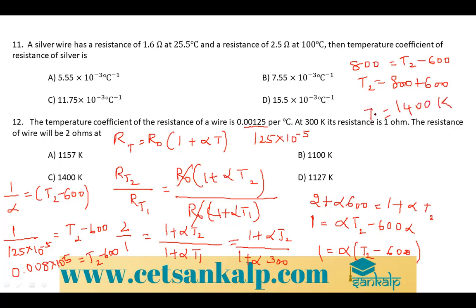That will be your answer. So option C is the correct answer. Okay. I hope you are clear with this. You don't have any doubt related to that. Okay. So we'll catch up in the next class. Thank you all. Have a great day.